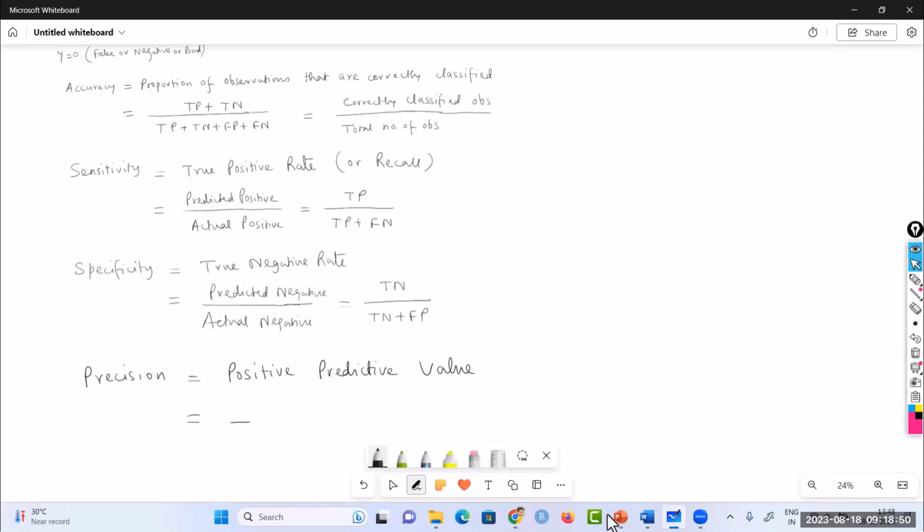That means out of predicted positive, how many are actually positive?